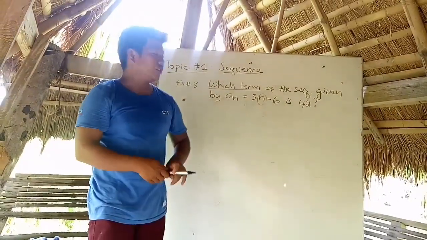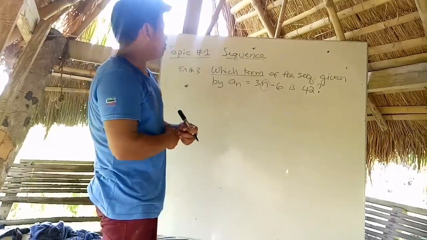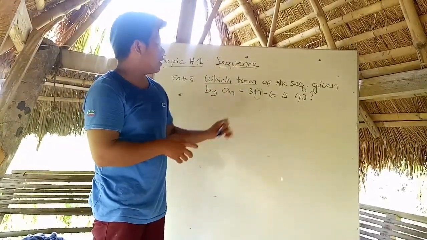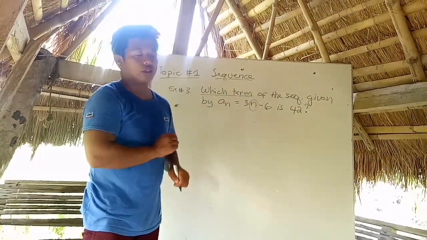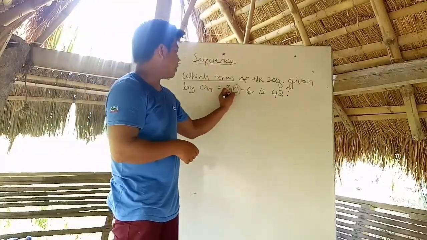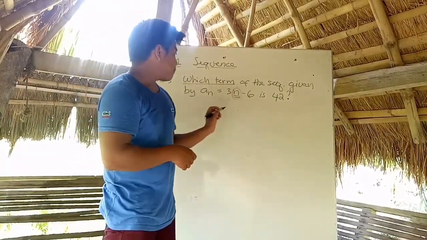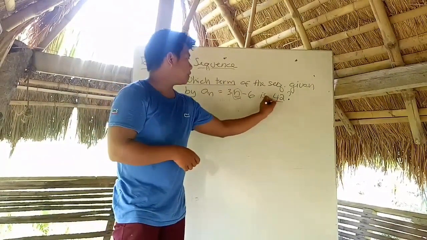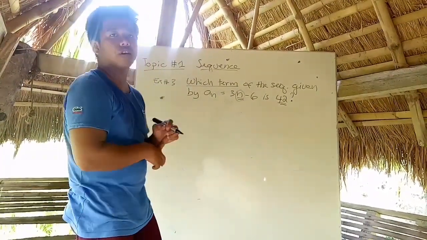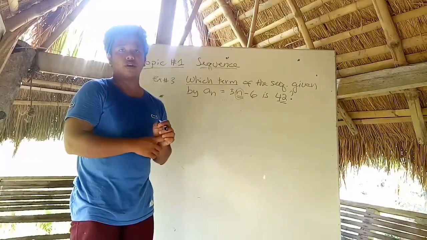For example number 3, which term of the sequence given by a sub n equals 3n minus 6 is 42. So in this example, we are asked to find the value of n when a sub n equals 42. N here represents the number of terms or term.